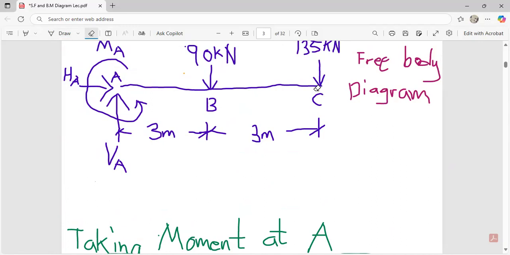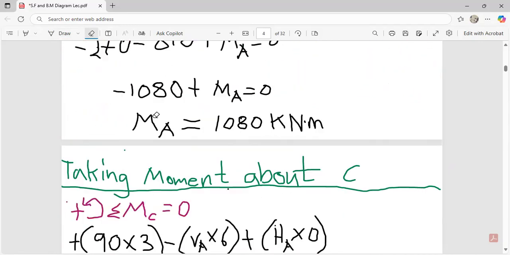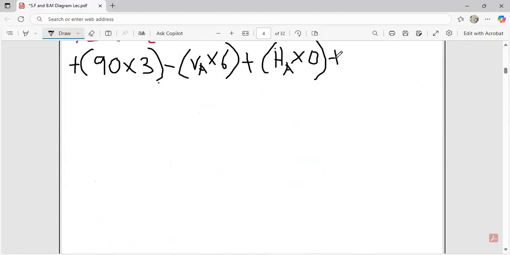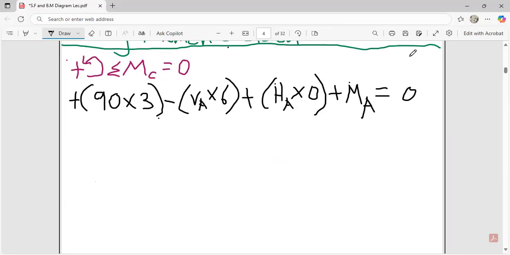So our moment is positive MA, because MA is an anti-clockwise moment. Thank you. So this becomes plus MA. Okay, good. At the end of the day, we can now equate all of this to 0. The rest is no more physics. The rest is mathematics. Okay, so we just have to punch and remove.